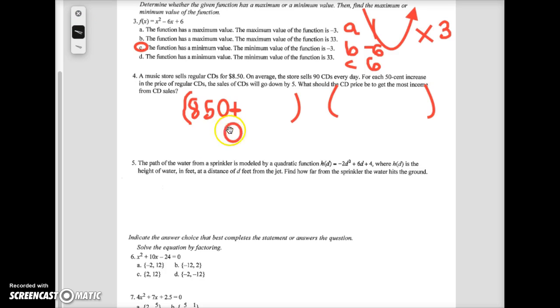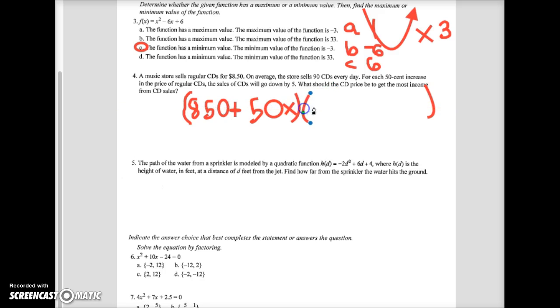Okay, let's just pretend this says 8.50 plus 50 cents times X. That's our first thing.